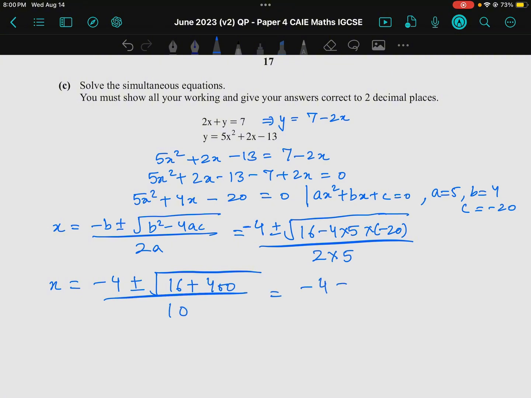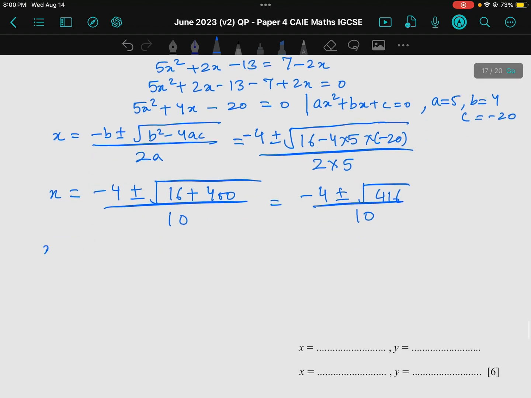So minus 4 plus minus under root of 416 upon 10. So x equals minus 4 plus under root of 416 upon 10, one value, the other is minus 4 minus under root of 416 upon 10.